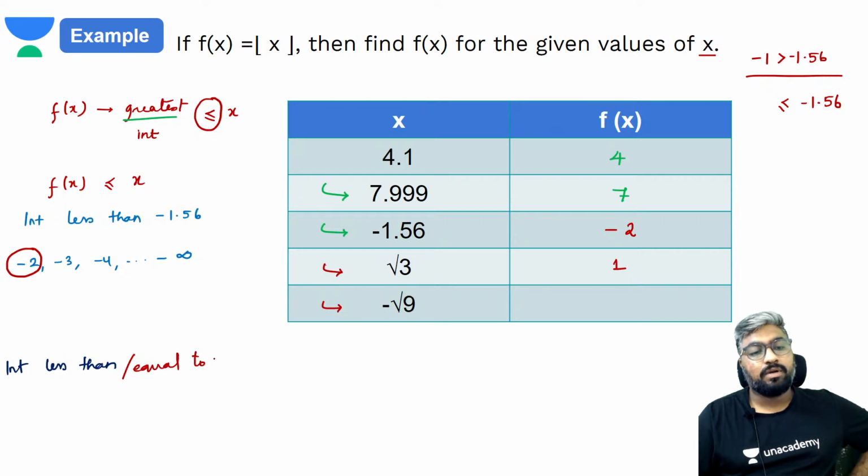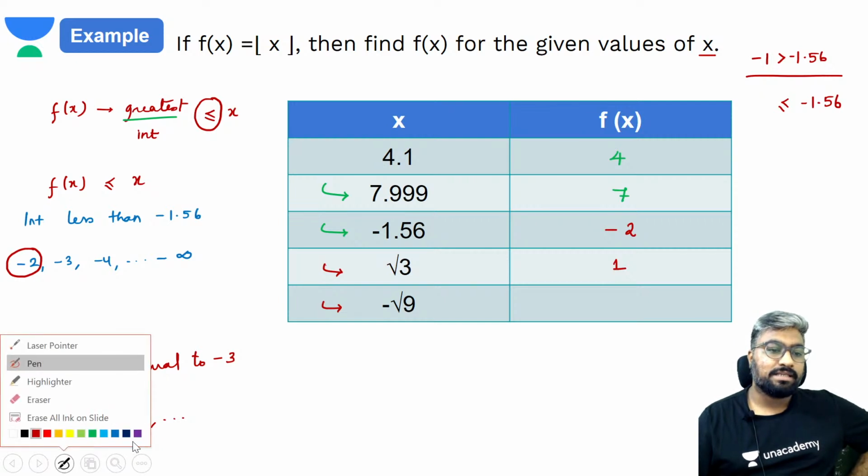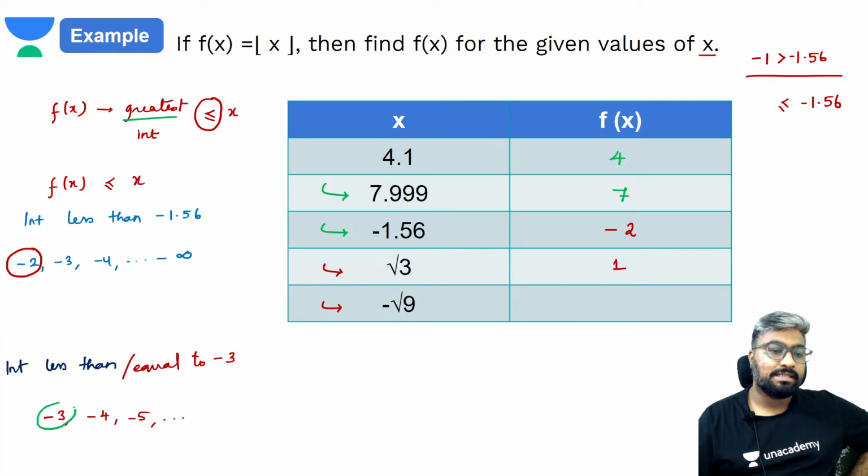Less than equal to -3. तो क्या क्या होगा? -3 भी होगा, -2 भी होगा, -1 भी होगा, ऐसे. Yes, sorry, other way around. We will have -3, -4, -5, so on. Yes, तो इनमें से सबसे ग्रेटेस्ट वैल्यू क्या है? -3.